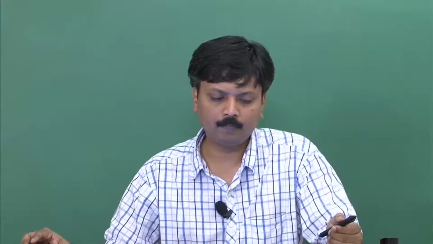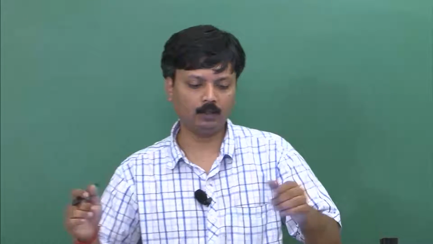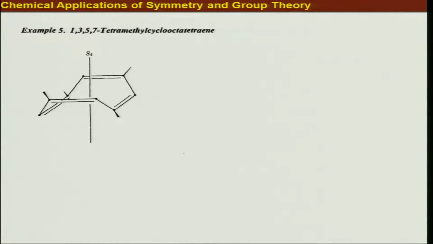The next molecule that we will look at is on your screen. This is 1,3,5,7 tetramethyl cyclooctatetraene. The structure is given here. For this molecule, what symmetry elements can you find out?